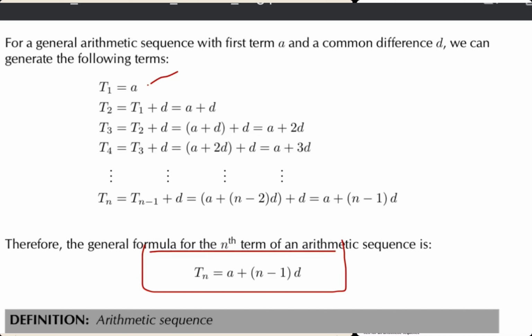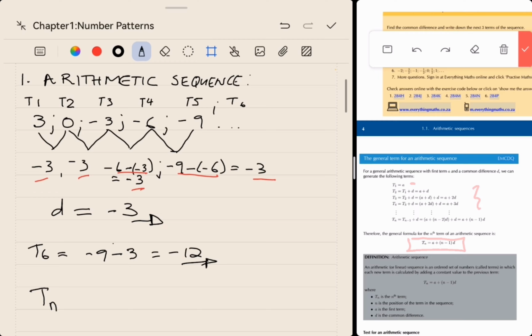This formula says, if you want term number whatever, which is the nth term, whatever position, it is equal to A, the first term of the sequence that is given, and then we add whatever position minus 1, and then we times by the difference.